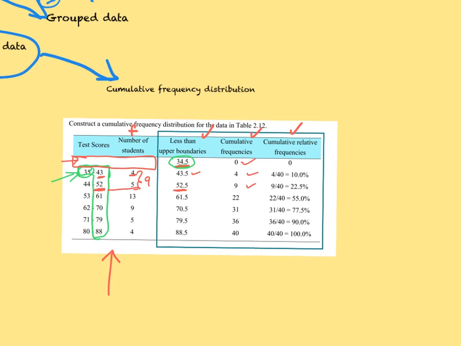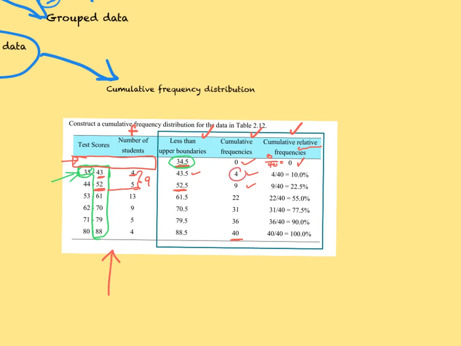After you calculate the cumulative frequencies, you need to calculate the cumulative relative frequency. This is also quite simple. The first one is 0, because it is 0 divided by the total here, 40, and 0 divided by any number is 0.